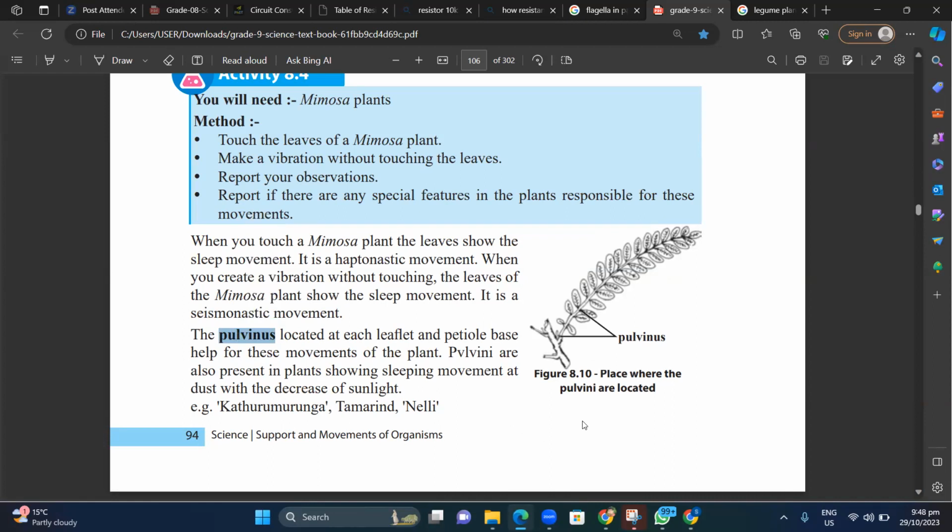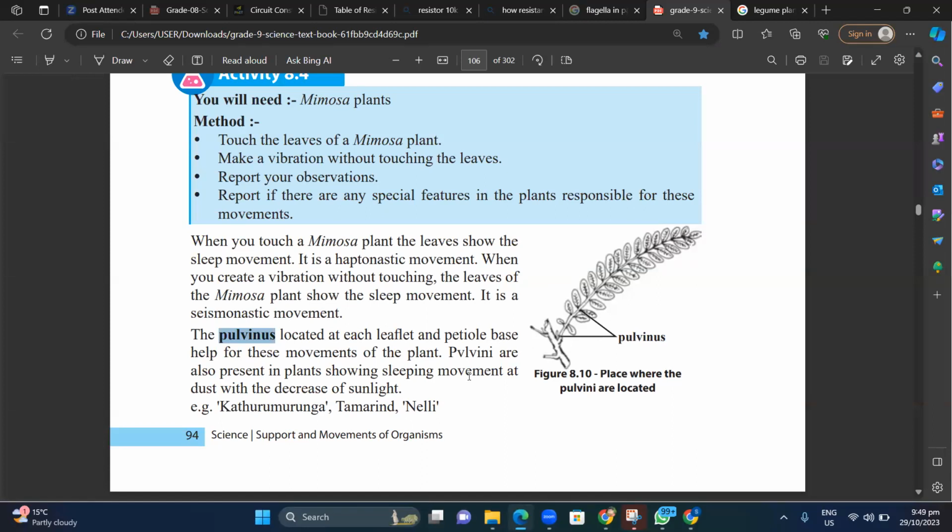Okay, so you can see here pollinus. Pollinus is at the leaflet. Leaflet means a leaf, not a patra but a patrika. What we call a divided single leaf, we call leaflets. Leaf is not the same as leaflets. The pollinus is located near the base of each leaflet's petiole.